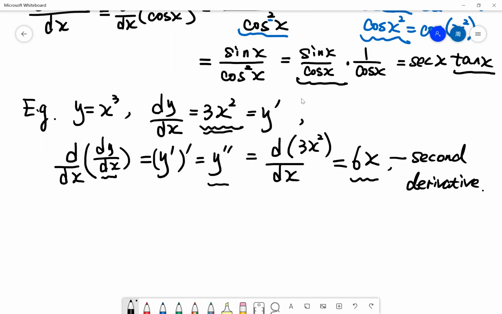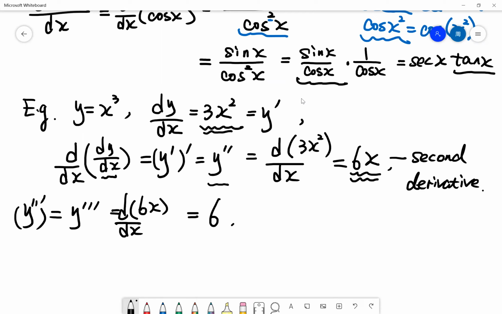So we can calculate higher order derivatives, maybe y triple prime. That means d of 6x by dx. So we just differentiate the function 6x again, so that equals 6.